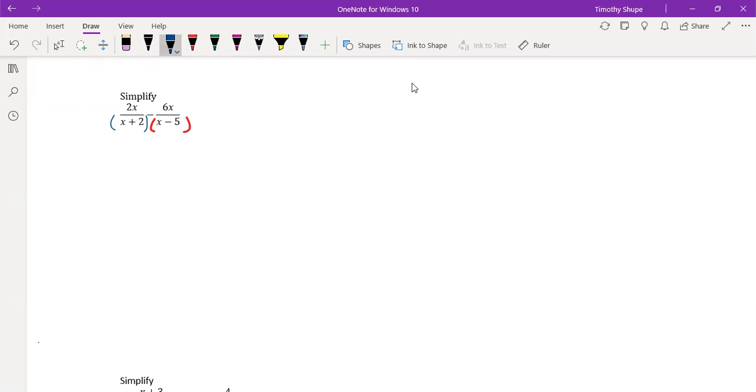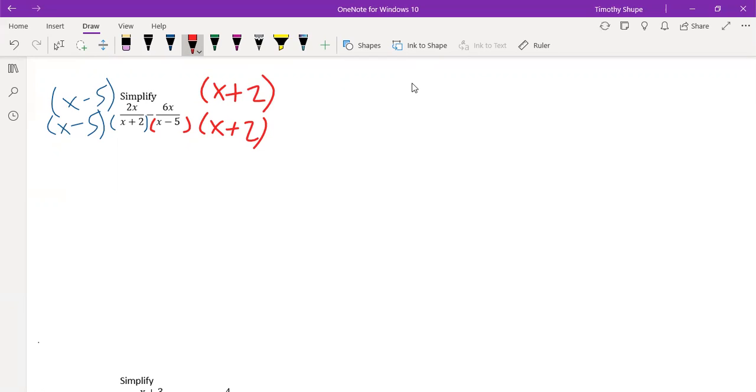So this first fraction, I need to multiply by an x minus 5. And the second fraction needs to be multiplied by the x plus 2. And once I've done that, I now have both an x plus 2 and an x minus 5 in both denominators.